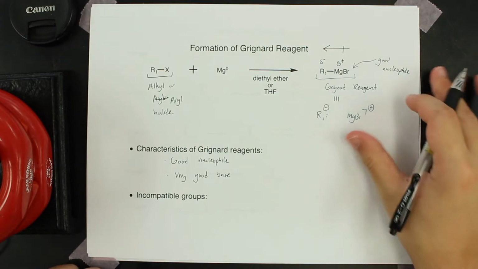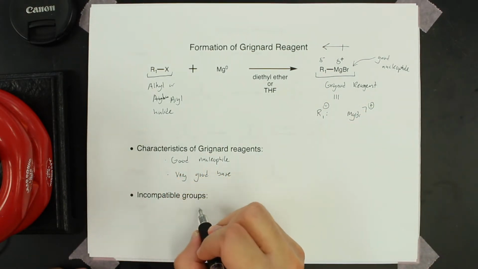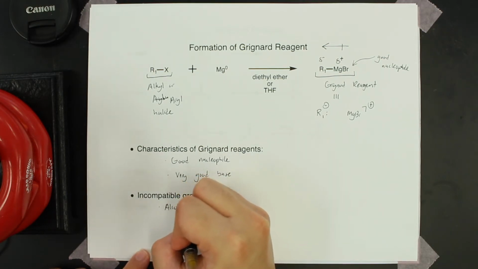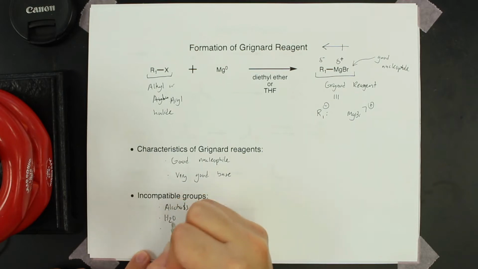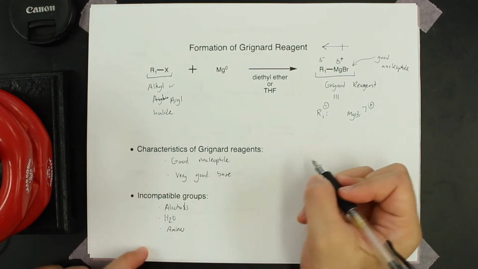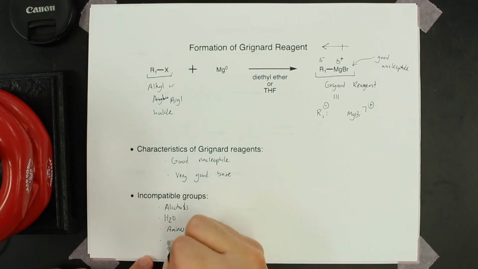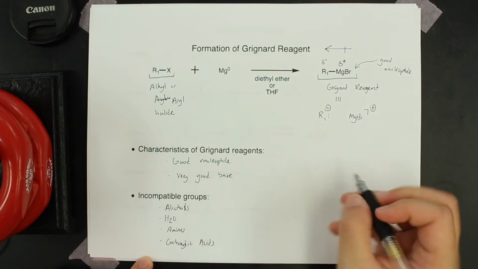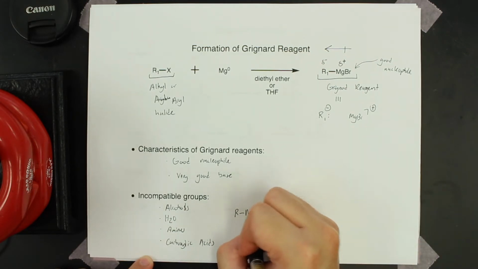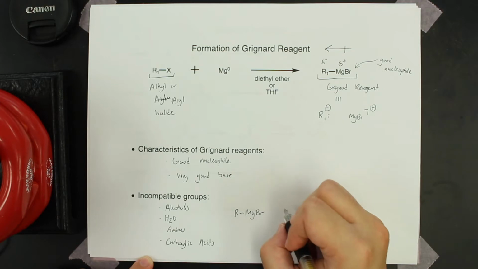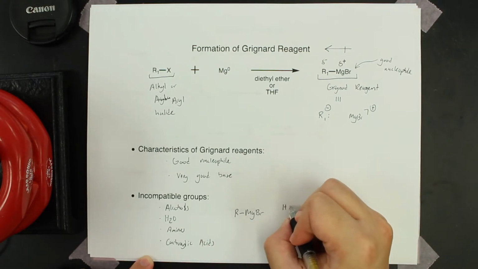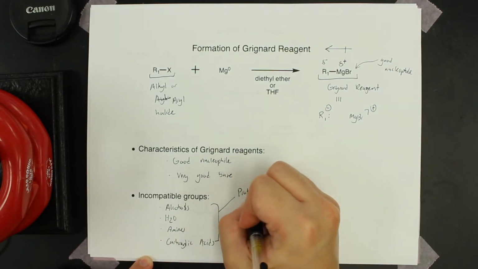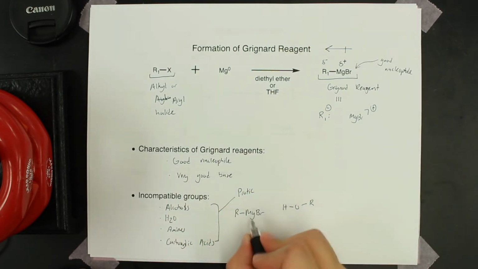And this gives rise to certain issues, so-called incompatible groups. Some functional groups that are incompatible with Grignard reagents are alcohols, water, some amines, since if the amine has a proton on the nitrogen, it could be deprotonated, and also, obviously, carboxylic acids. Those react with bases. So if you have an R magnesium halide and you mix it with an incompatible group, say an alcohol, these are protic groups, so they have an acidic hydrogen.